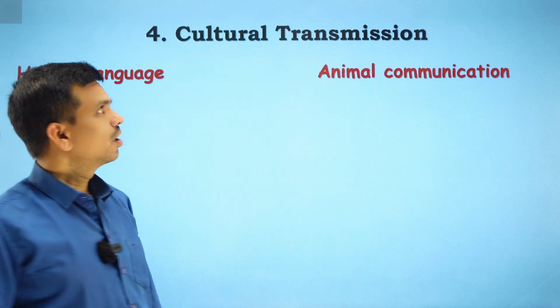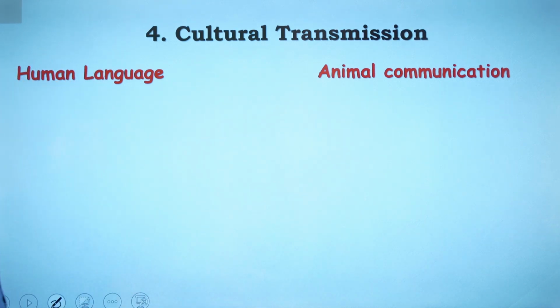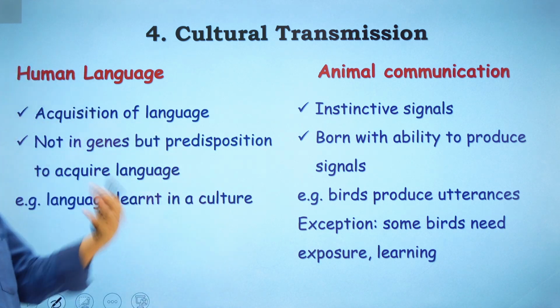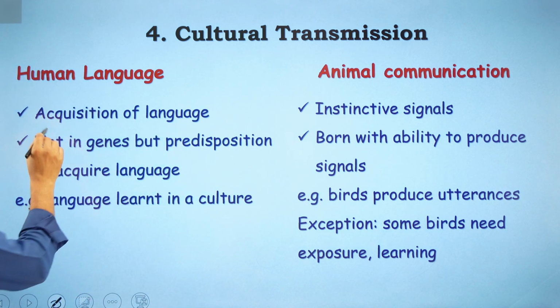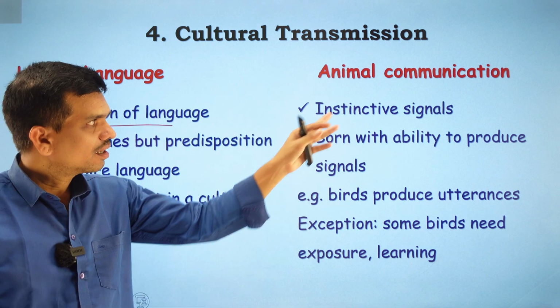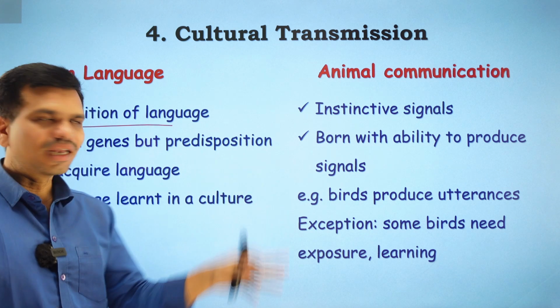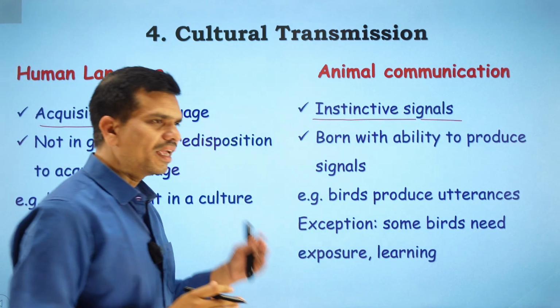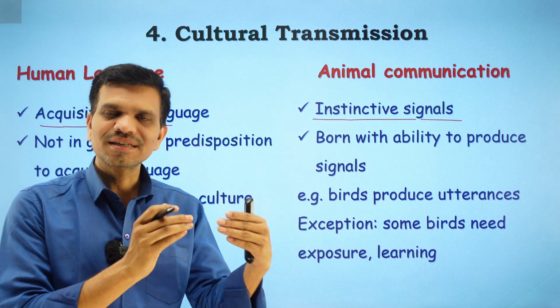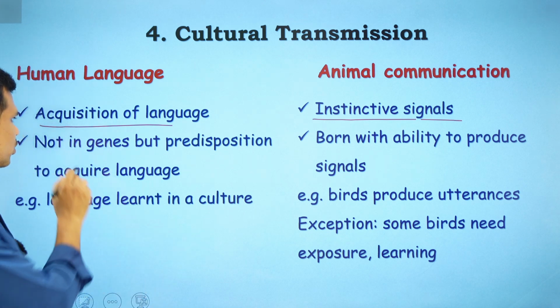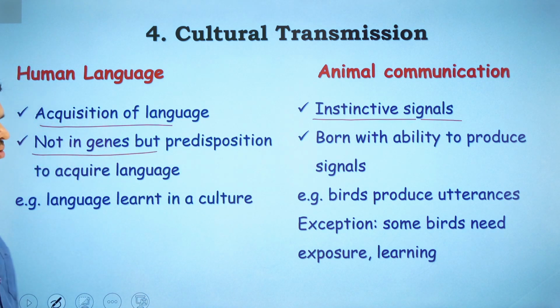Next feature we have is cultural transmission, and this is very important regarding both animal and human communication. How does cultural transmission happen? We acquire language, we learn language, but in animal communication we find that it is instinctive signals. Any animal has that kind of signals in its genes, but the same thing is not present in the genes of human beings.